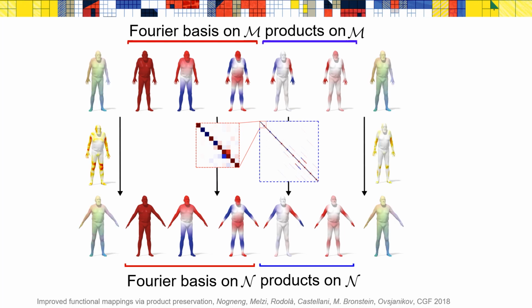Thanks to this representation, we can encode the point-to-point map in a more accurate way, and we can recover a point-to-point map that has a lower error in the geodesic error evaluation.